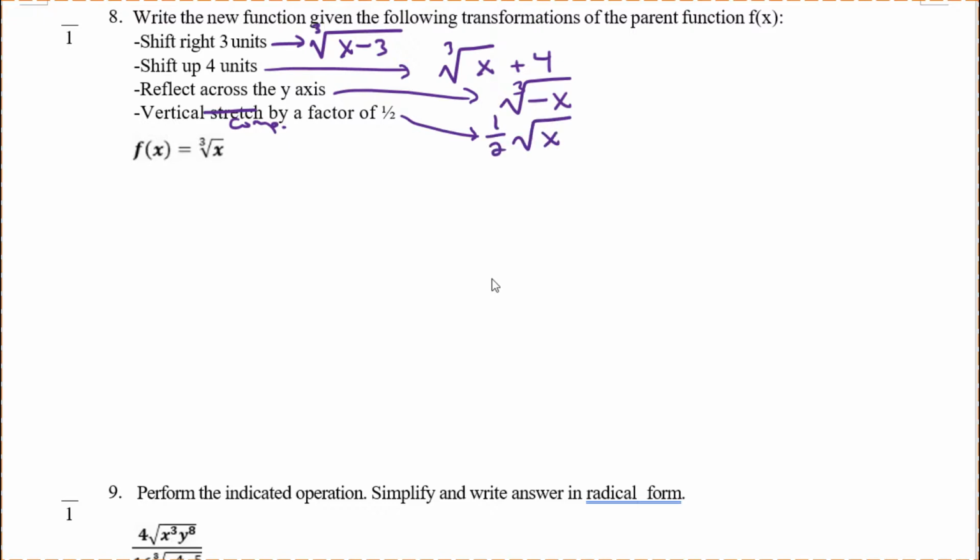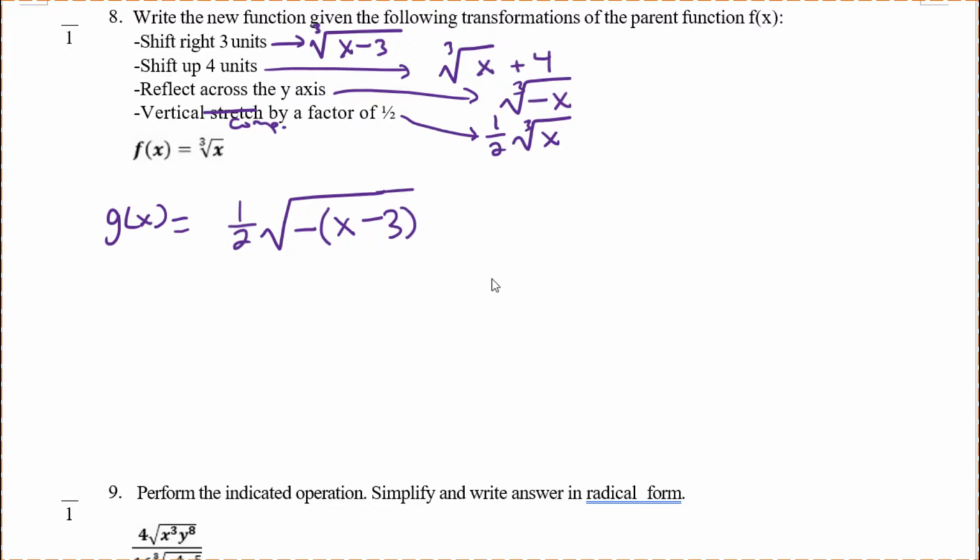All right, so we're going to put those together. Our new function, we're going to call it g of x. It doesn't really matter what it's called. It's 1/2, that's the vertical compression. We have a negative in front of the x, and we have minus 3, which shifts to the right 3 units.